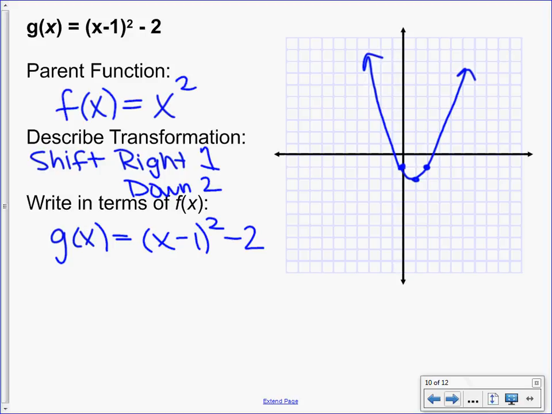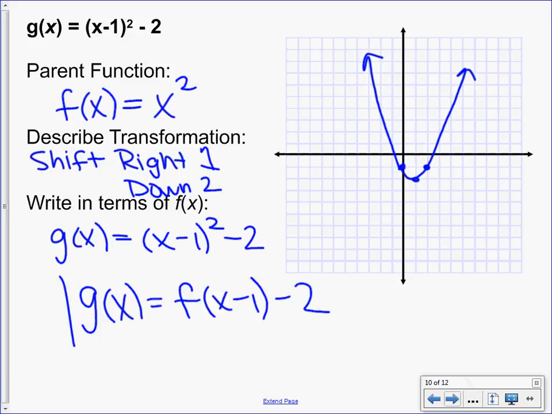Since f of x is x squared, we are going to write this as g of x is f of x minus 1, since x minus 1 is inside our function, and then the minus 2 comes afterwards. This is just basically putting it in general form so we could change our parent function and apply the same transformation.